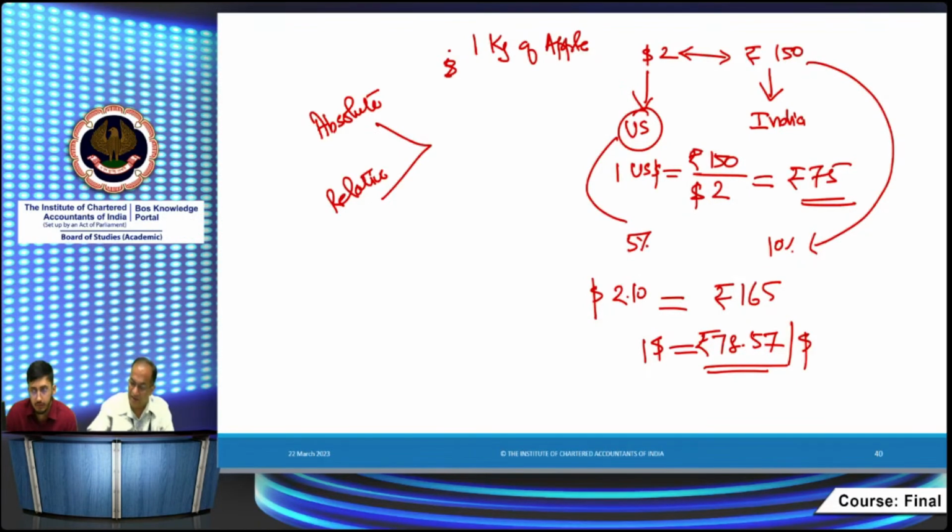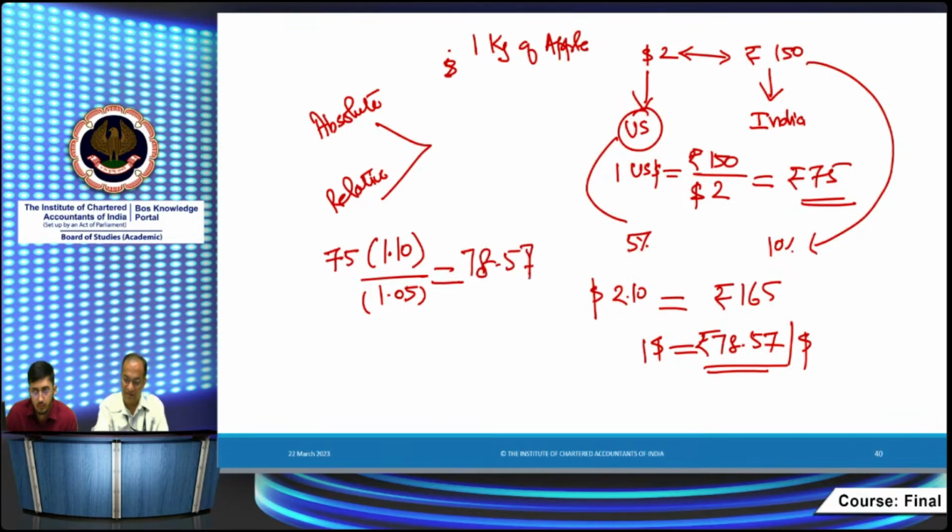Now this rate can also be found using a formula. Say our current rate is 75 into inflation in India over inflation in the US. Let us find this value. The value will be the same, 78.57.